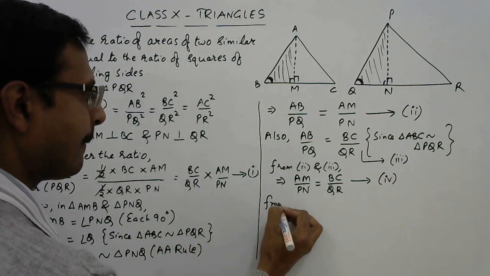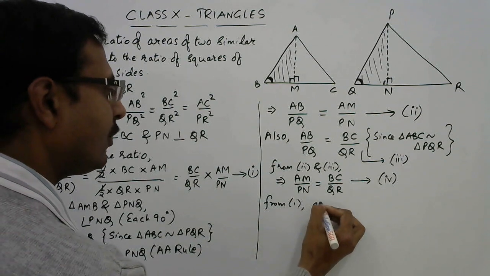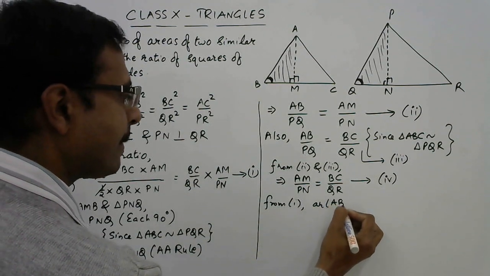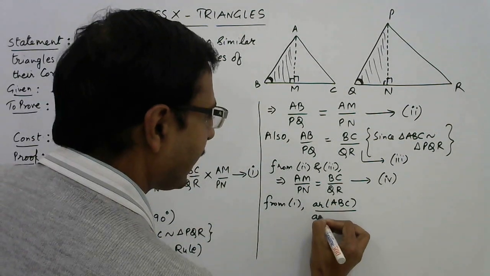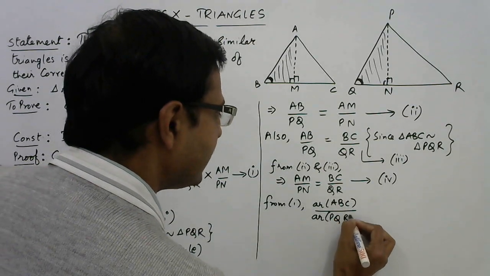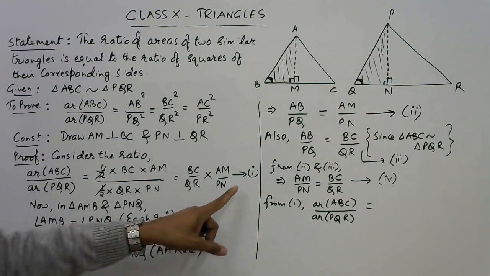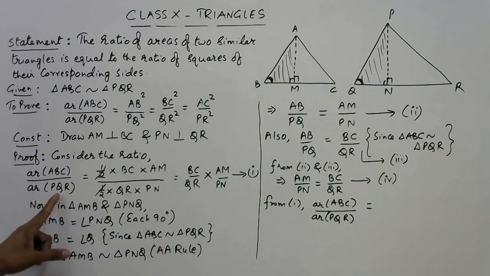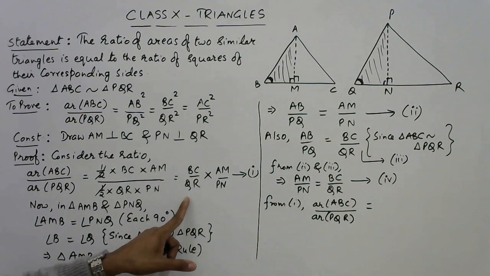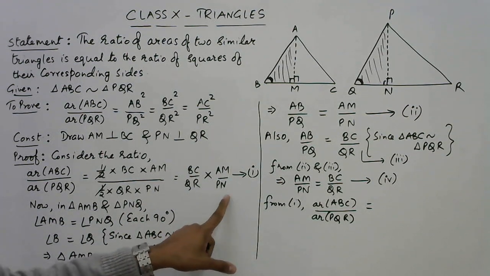From 1, area of triangle ABC upon area of triangle PQR is equal to, just observe here that when we wrote equation number 1, we had area of triangle ABC upon area of triangle PQR as BC upon QR into AM upon PN.